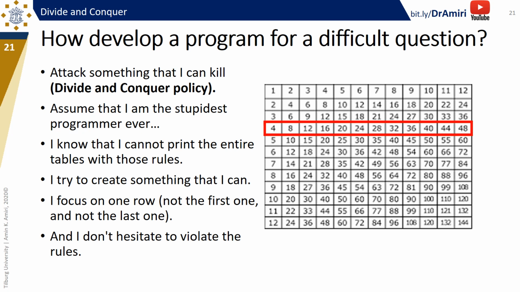I know that I cannot print the entire table with those rules, but I try to create something that I can. I focus on only one row, not usually the first one or the last one, but a row in the middle. Here I choose the fourth row. And of course, I don't hesitate to violate the previous rules.